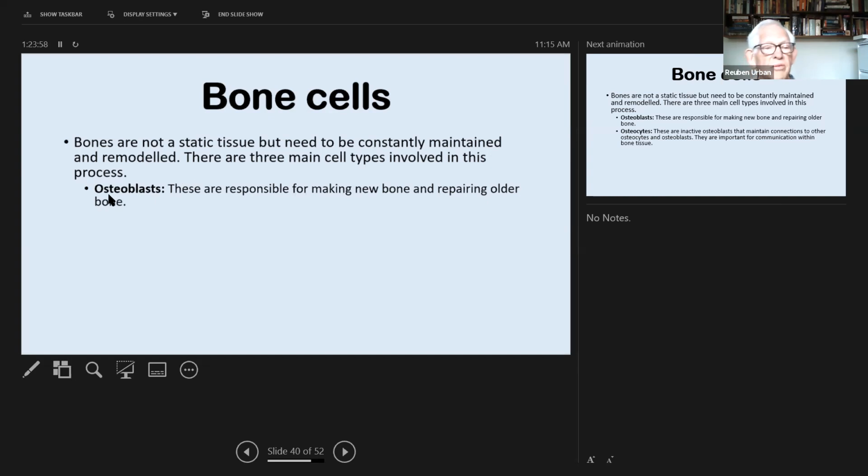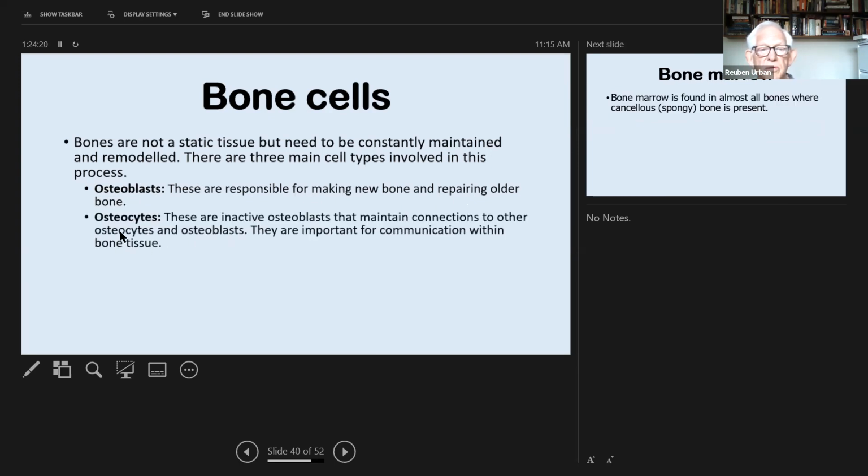I'll give you three new names. Osteo means bone, and the blast means formation. They make bone. So they make new bones, and older bones which have lost their function get broken down. The osteoblasts make new ones.